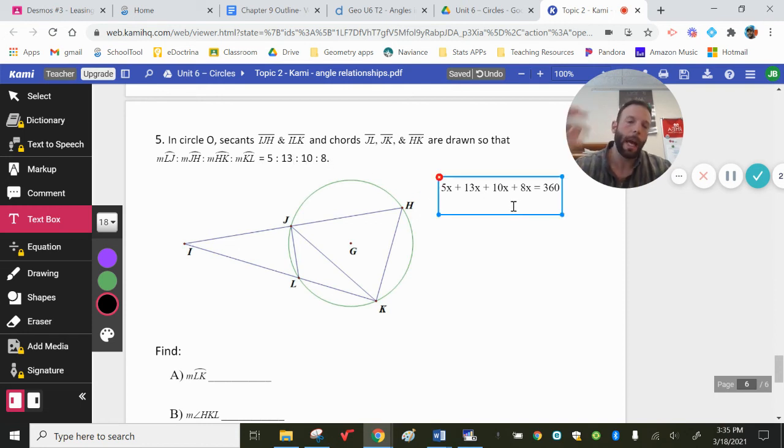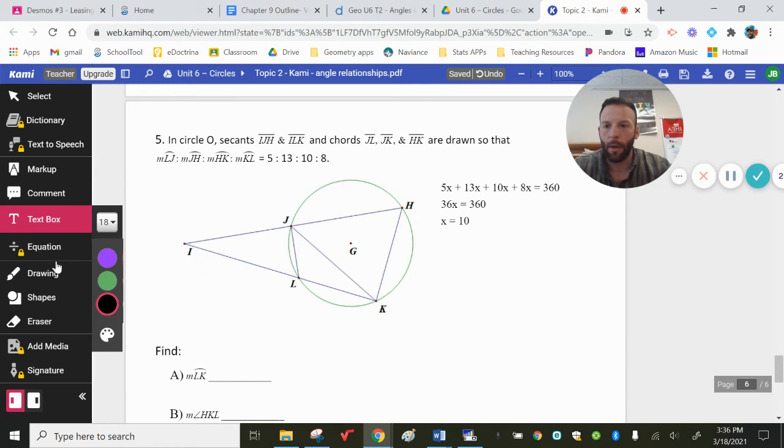Here x is like my multiplier, how much bigger than this that has to be. Now I'm just going to solve this very simple algebraic equation for x. When I add 5 plus 13 plus 10 plus 8, you get 36x equals 360. Divide by 36, and x is 10.